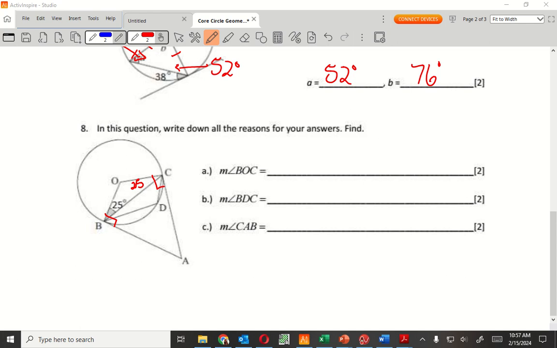Is it on page 7? Page 9? Let me see. No, it's page 7. Does 7 have some more of it on there? Yes, we do have side lengths, but we're not dealing with side lengths right now. We're talking about angles, right? So there's a link to the side, so it's not going to be 7.